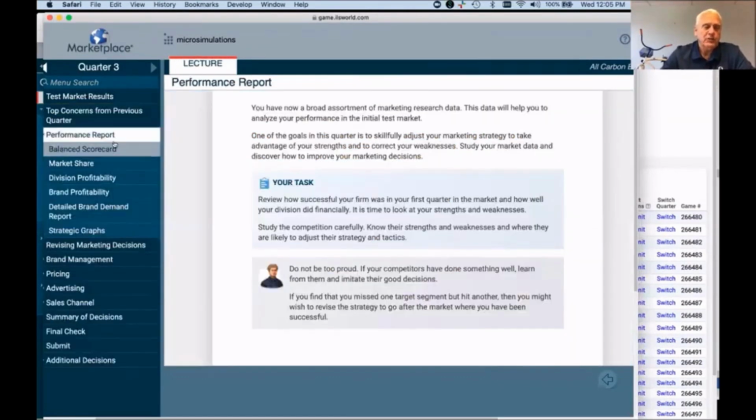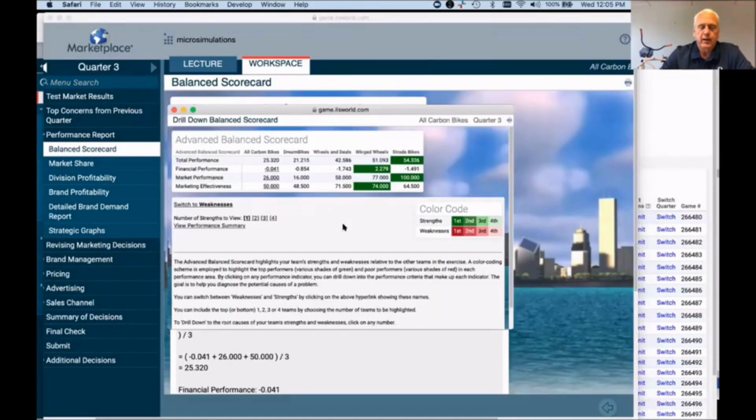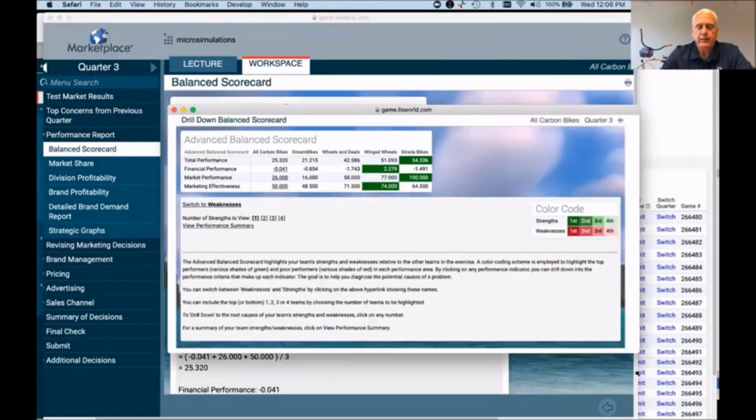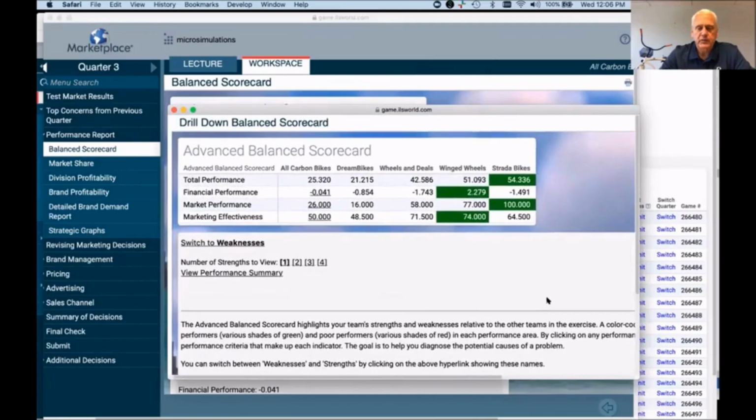And under performance report, each of you will have a balanced scorecard. In this particular setup, it's going to tell me how I stack up against the teams that I am competing with. These are computer generated teams, all right, not everybody that's in this webinar.